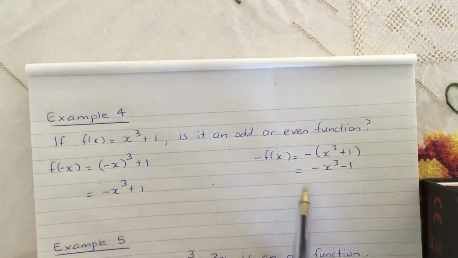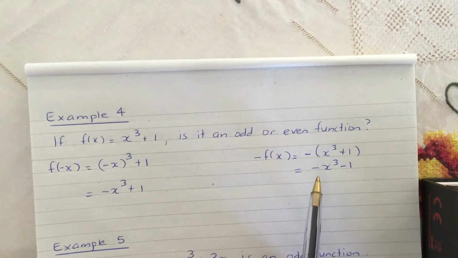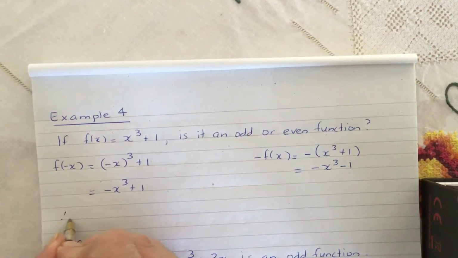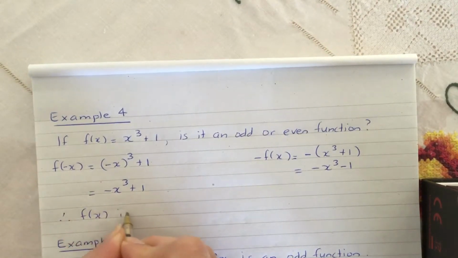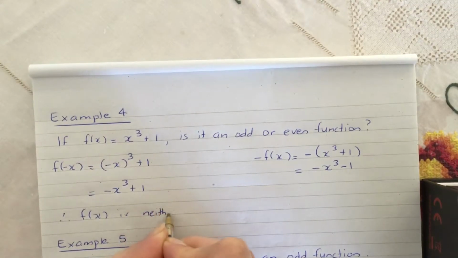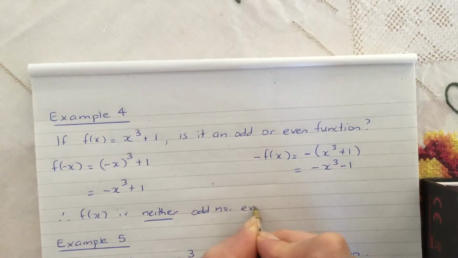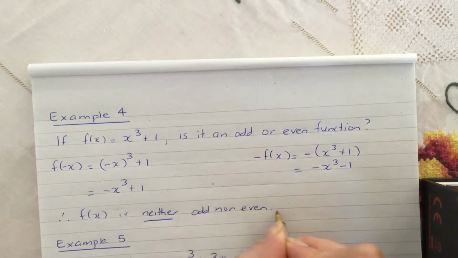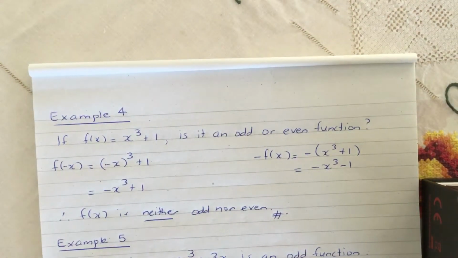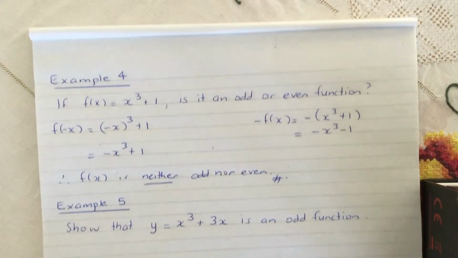Is this the same as this one? No, so it's not odd. Therefore, f of x is neither odd nor even. Okay? So there's another one that's neither odd nor even. Example 5.